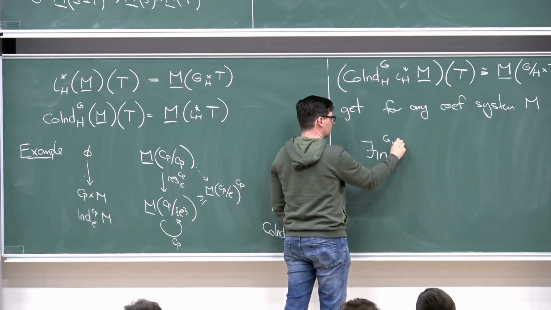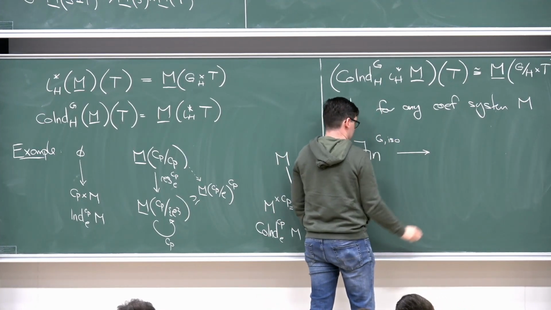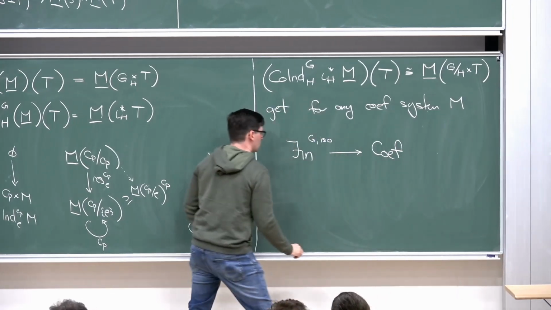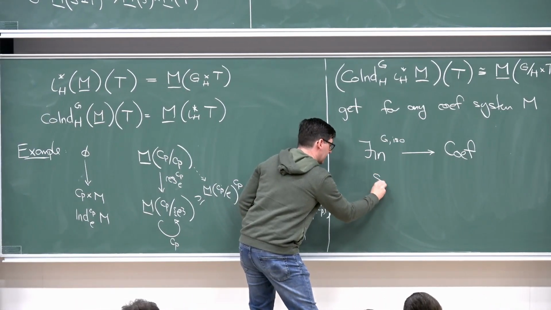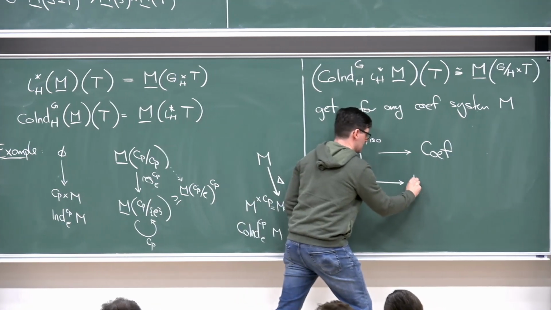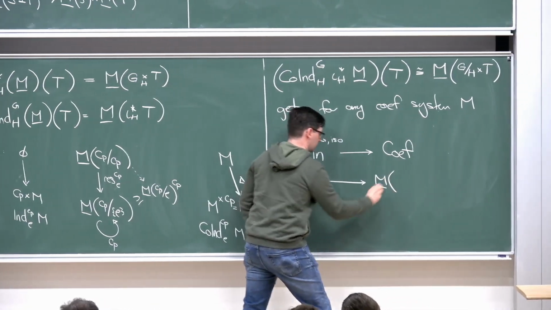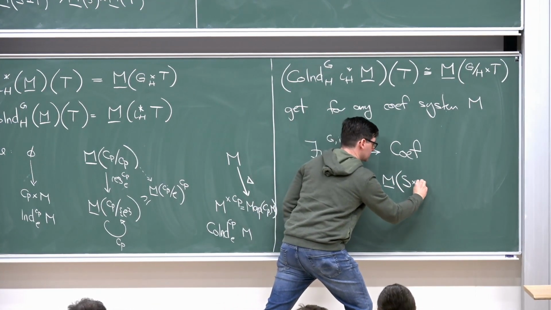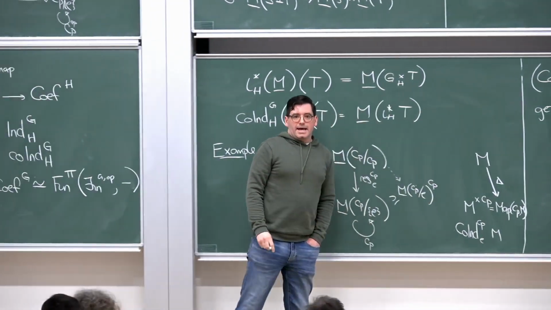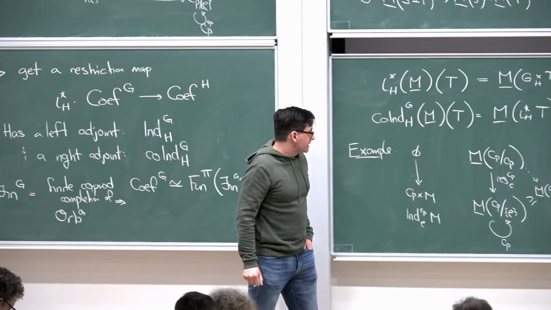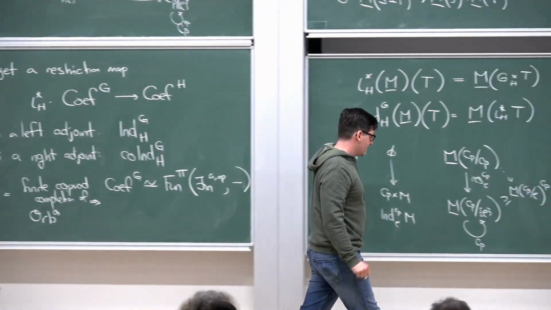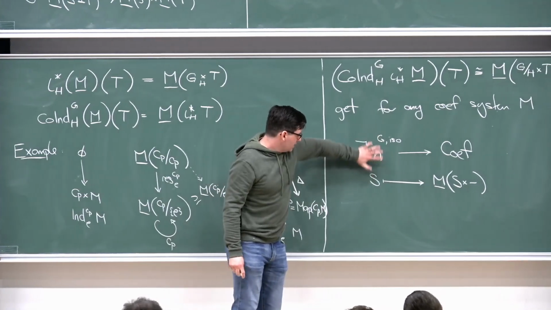Now fin G iso into coefficient systems, where I'm going to take a finite G-set and send it to M of S cross something. And the coefficient system came with this sort of contravariant functoriality. So there's two things that I get for free.